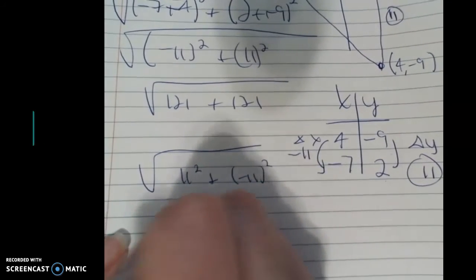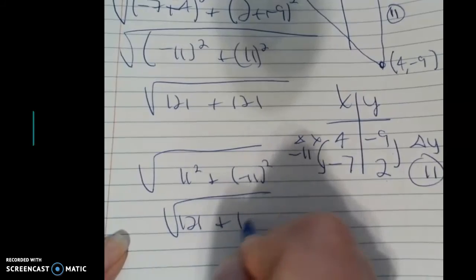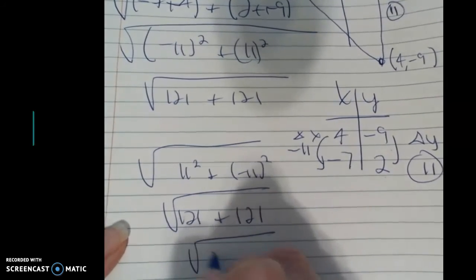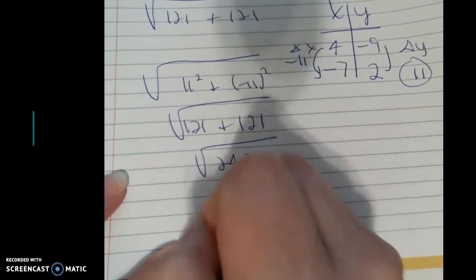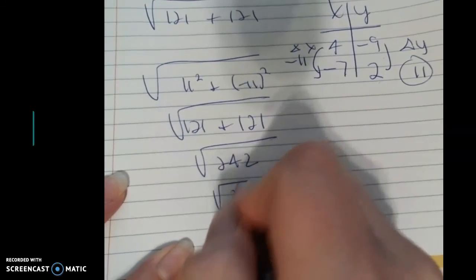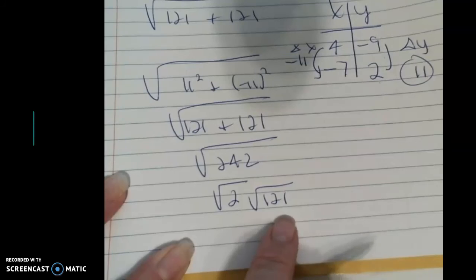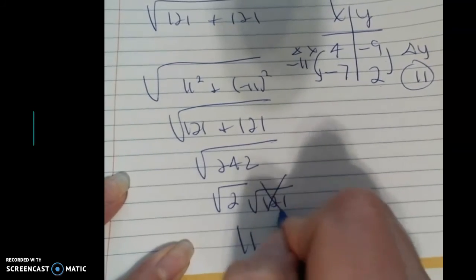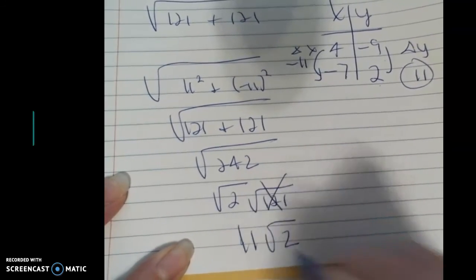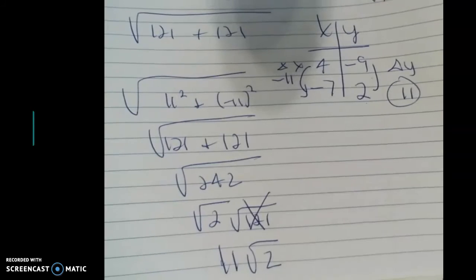Do not get any negatives, because in Pythagorean Theorem, that would be impossible. So what is that? 242. And again, if you want to simplify that, break it into a 2, a 3, a 5, something. And obviously, I know it's 121 because we just added it twice. So that'd be 11. Square root of this comes out of jail, and this guy's stuck in jail.